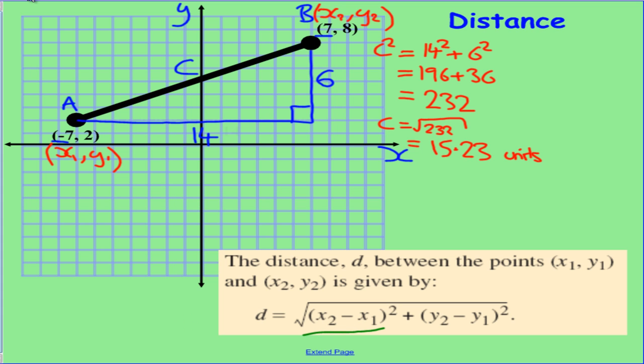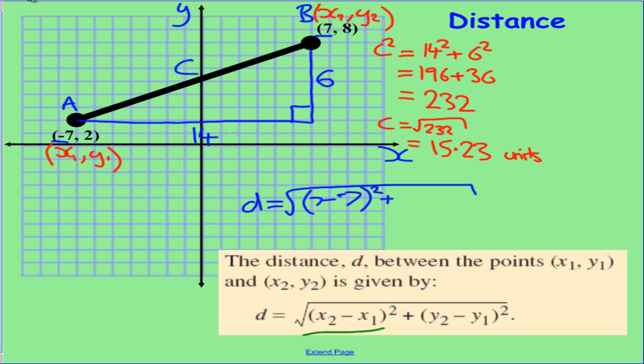Now, pulling apart this formula, going across the bottom, so dealing with our x's, x2 take away x1. So that means in our question, starting with the formula, we're going to have d equals a very large square root over the top of. Now x2 minus x1. Our x2 value is 7 minus our x1 value of -7. And we square that value. Adding on y2 minus y1.